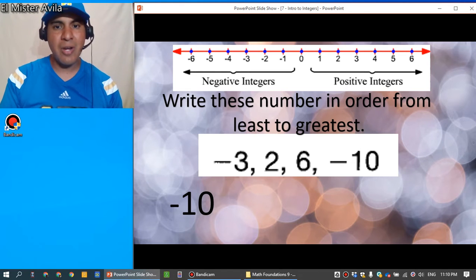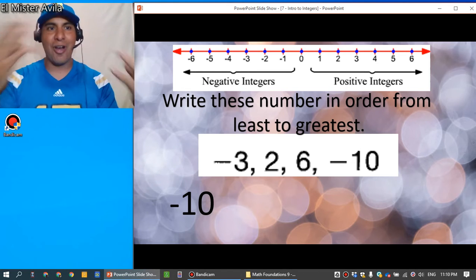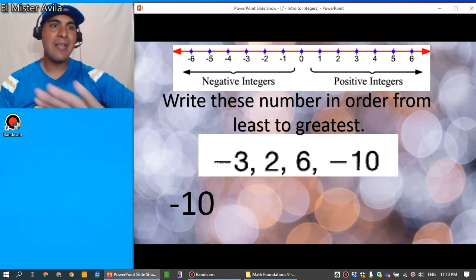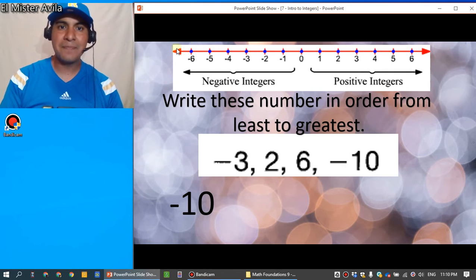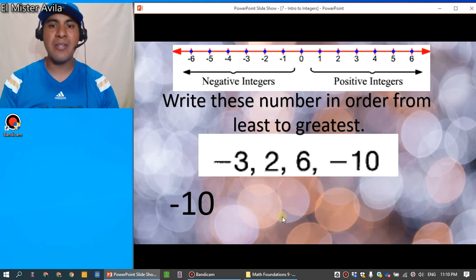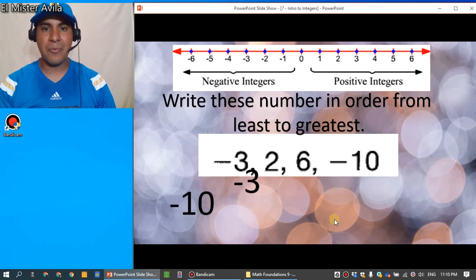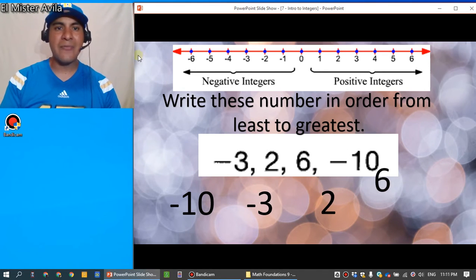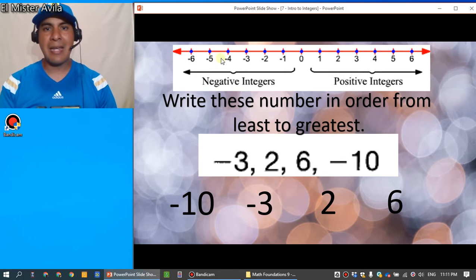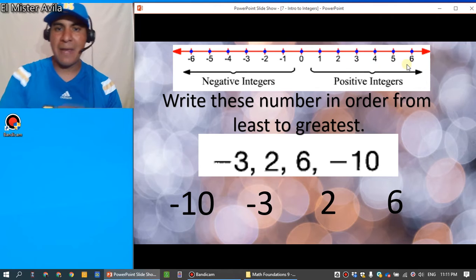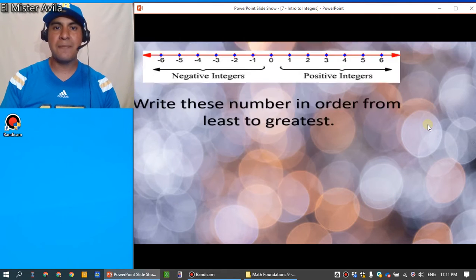Although it seems a little unusual that a number that looks larger, like -10, is considered the smallest number, on the negative side, the more you go to the left, the smaller the numbers get. So -10 would be the smallest number, followed by -3, 2, and 6. So -10 would be somewhere over here, -3 here, 2, and 6. We're going in order from left to right when we write our numbers.